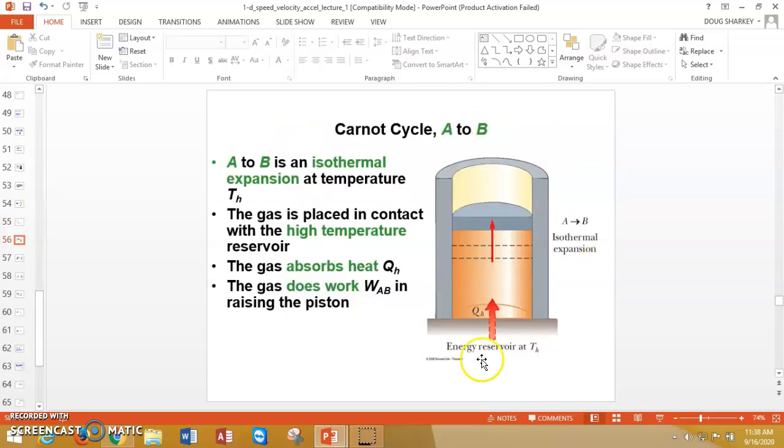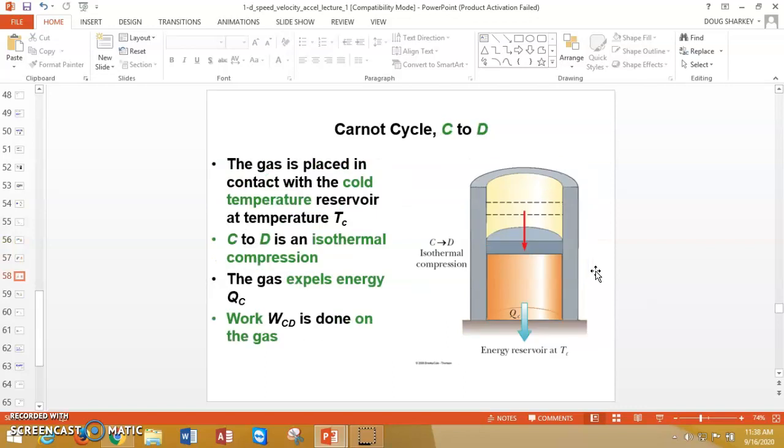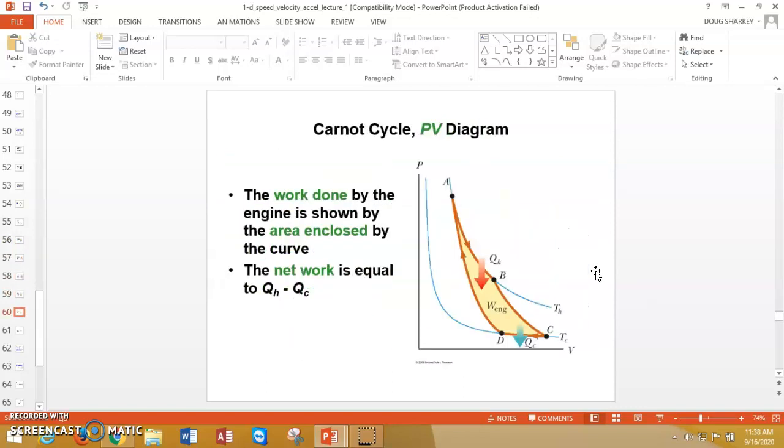And then this runs through what's going on within the cylinder, and I don't think these are things we're going to worry about too much. As far as the graph goes, the work done would be that little area inside of that graph, and the net work is actually equal to QH minus QC, which we talked about in the last video.